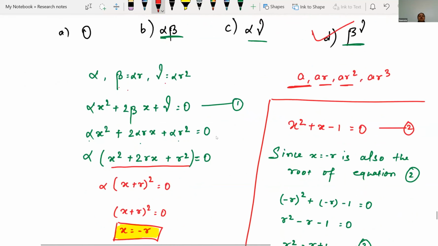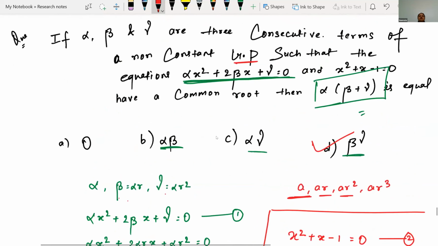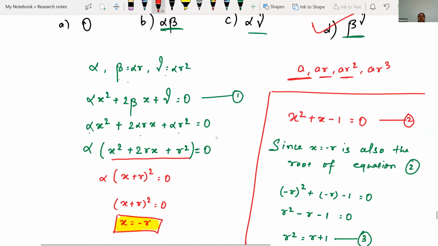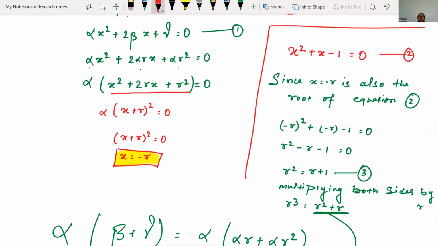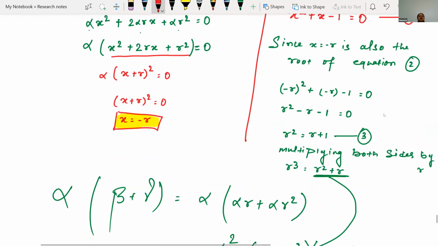So whatever alpha, beta, gamma we have assumed, we substituted it in the first equation and ended up getting x is equal to minus r. Since both equations have a common root, this is one of the roots, so the other equation also has the same root. That's why we substitute x as minus r in the other equation, and we ended up getting equation number 3.